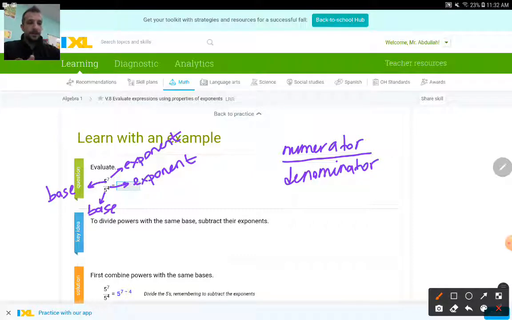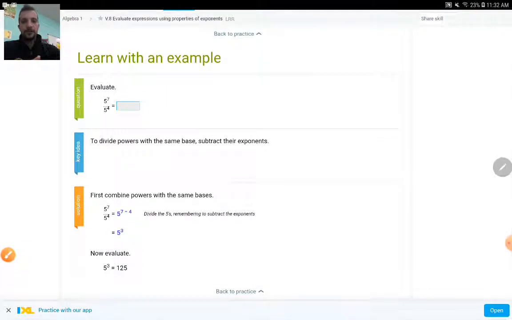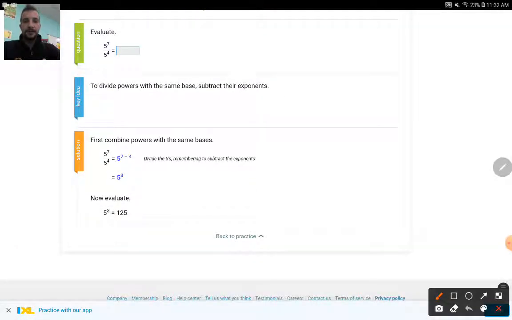So looking at this question, I'll scroll down. Since they are dividing the same base with different powers, we use the same base. The base should be common for both. Subtract the exponents.